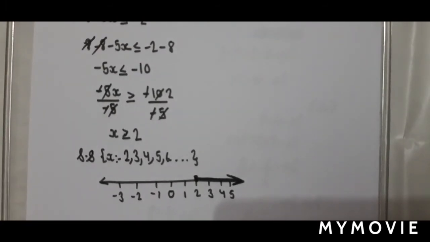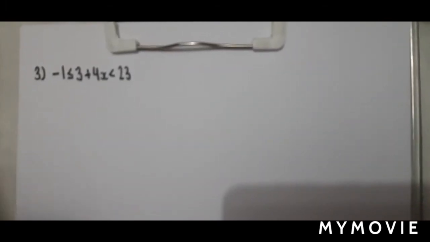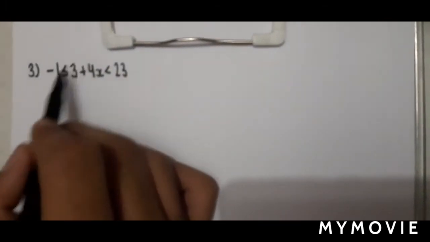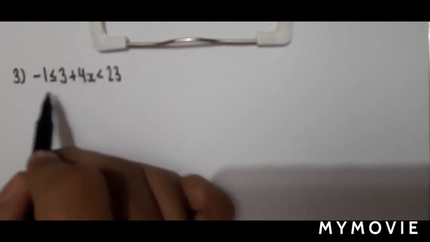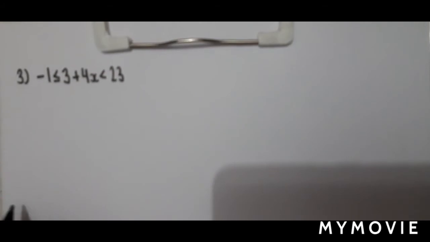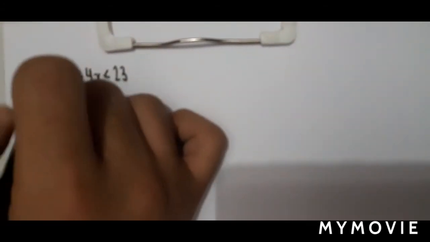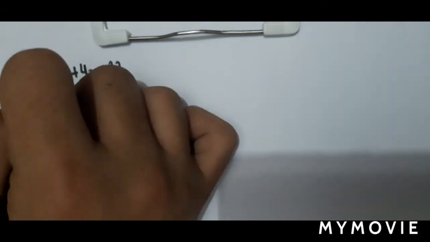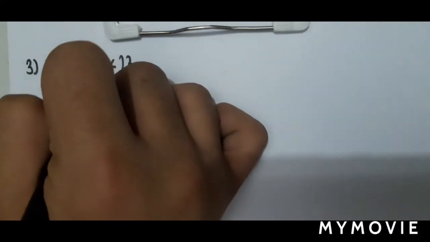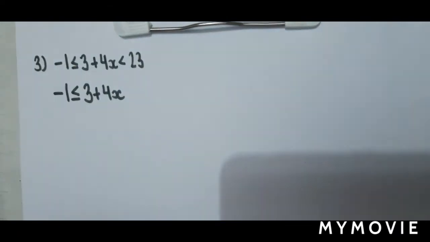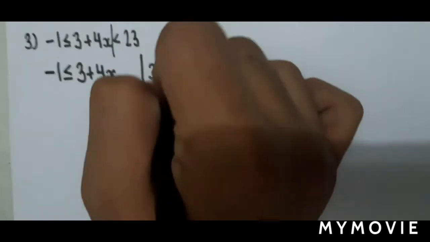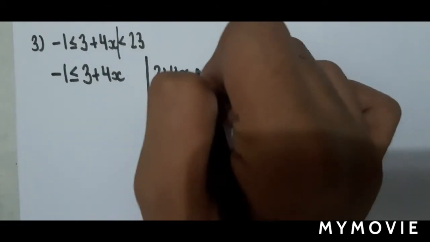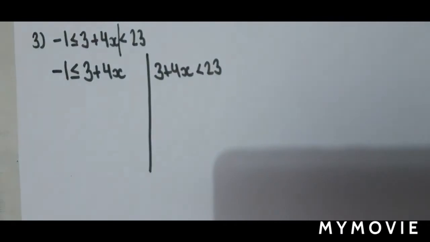So let's take one more example. Let's solve this question. Here we are provided with two symbols: lesser than or equal to, and greater than. To solve this, take the first part, then take 3 plus 4x, then 23.